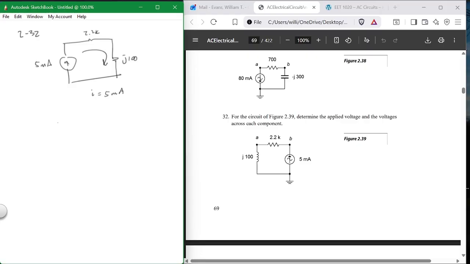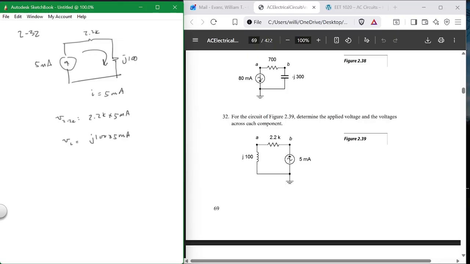So what's the voltage across the 2.2K? Well, it's 2.2K times 5 milliamps, exactly the same as it was before. What is the voltage across the L? J100 times 5 milliamps, okay?